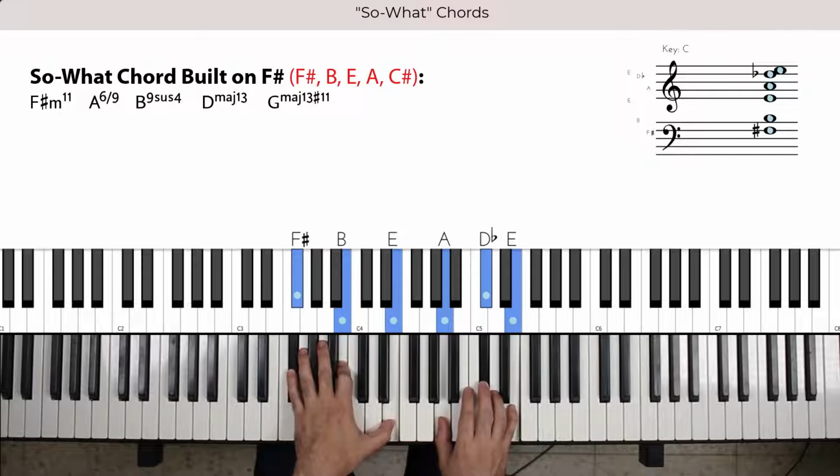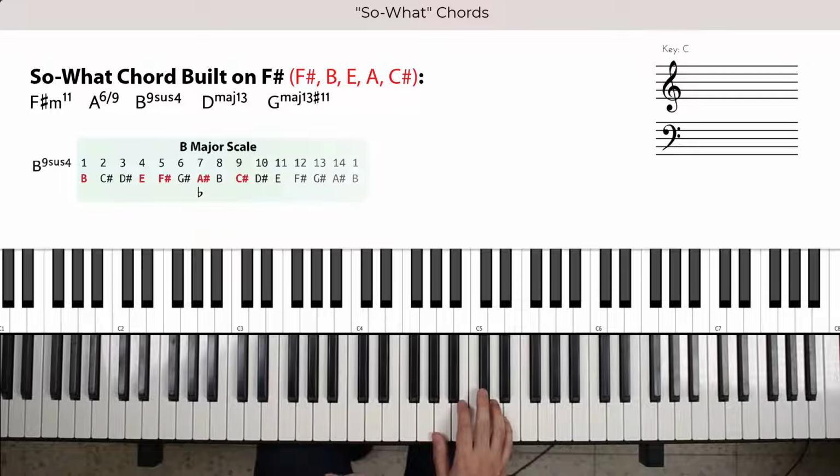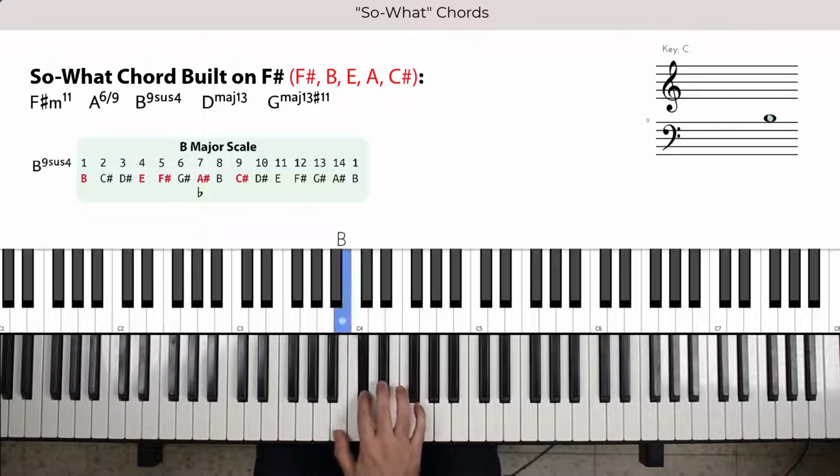And these are F sharp minor 11th, A major 6-9, B9 sus4, D major 13th, and G major 13th sharp 11. And to see this, we can, let's say, take one of these chords, the B9 sus4, and construct the B major scale.